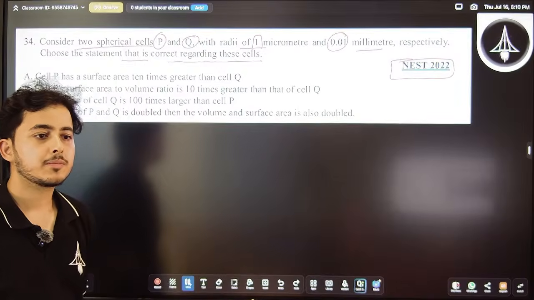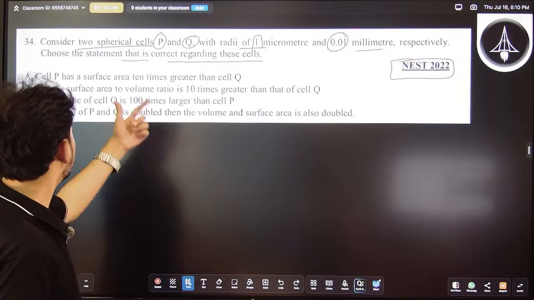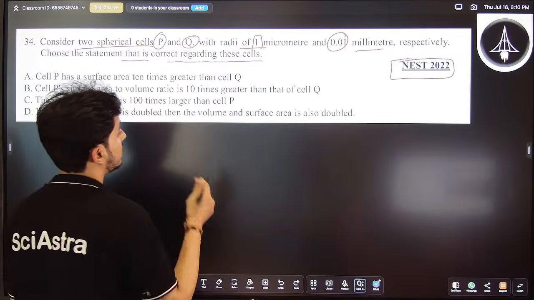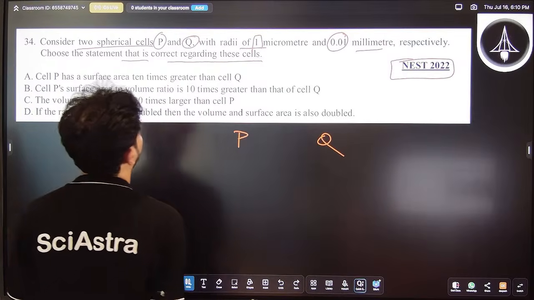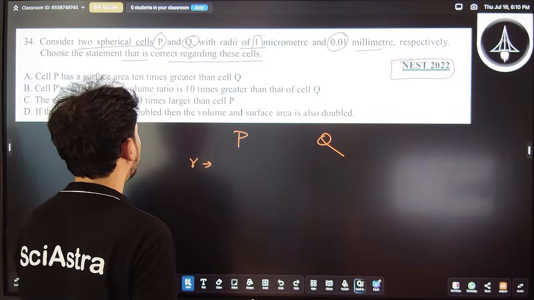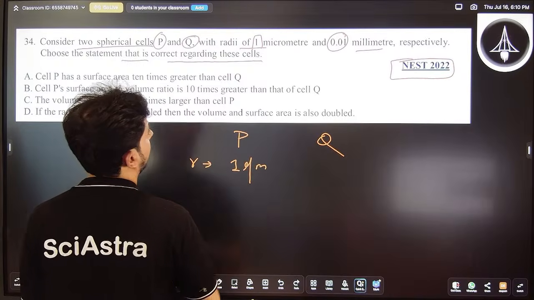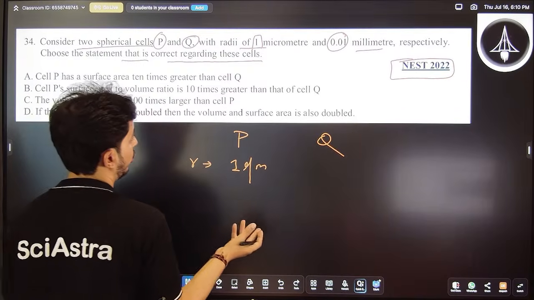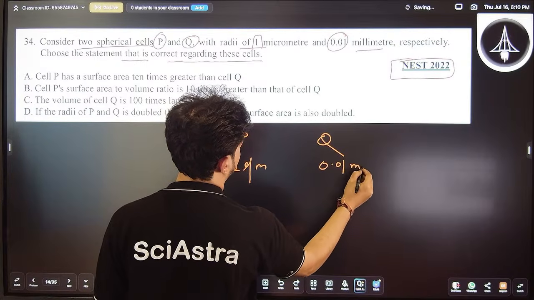Okay, so in this case you have two cells, P and Q. If we talk about the radius, for P you have a radius of 1 micrometer, and for Q you have a radius of 0.01 millimeters.